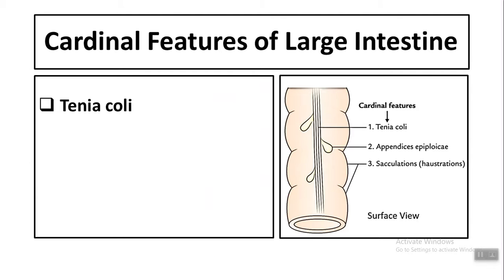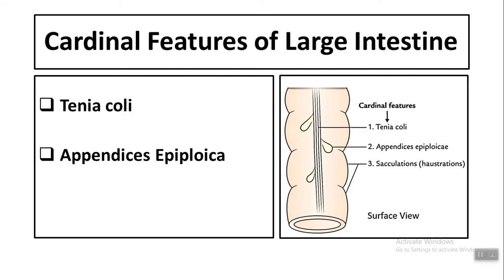What are the cardinal features of the large intestine? First is the presence of the tinea coli. These are the longitudinal bands of muscularis, or the muscle layer of the large intestine, which is called tinea coli. This is one of the cardinal features of the large intestine.